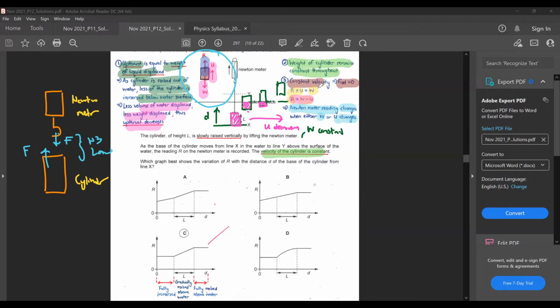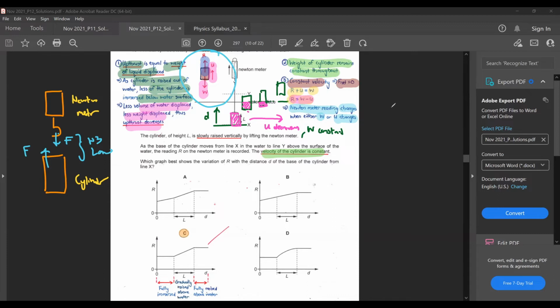So from here, which one should it be? The answer should be C. Now, how do I know this? Let me just redo this.